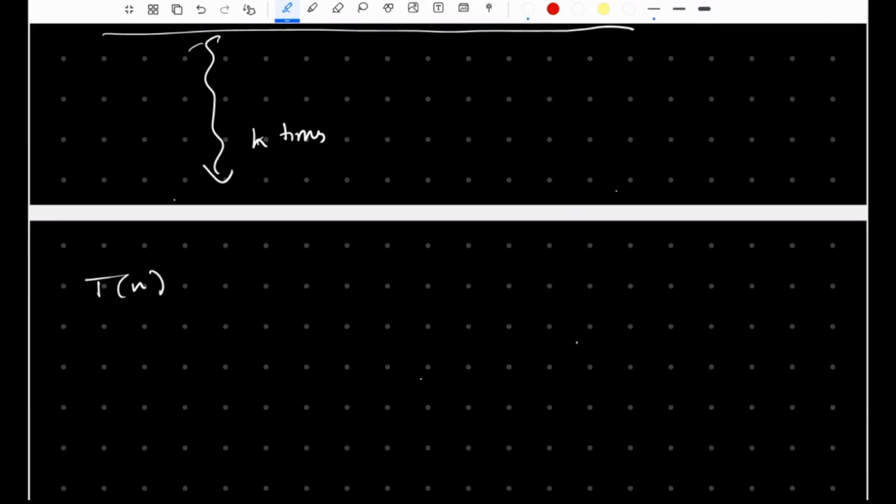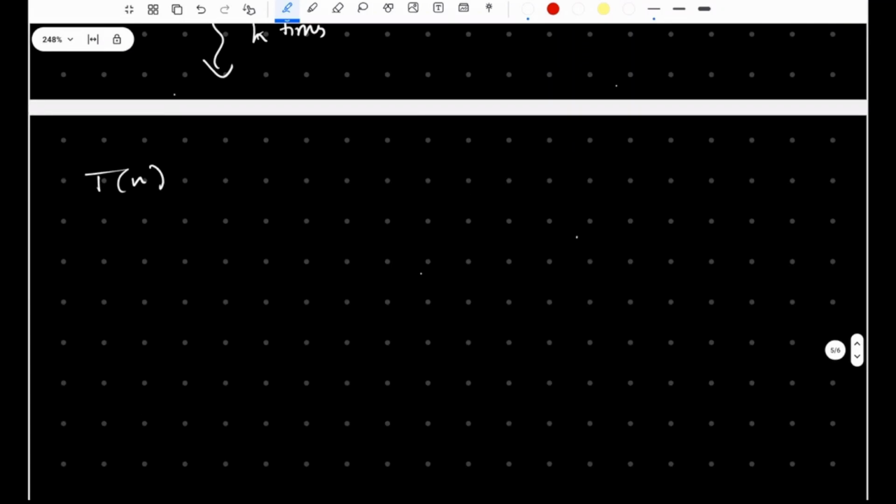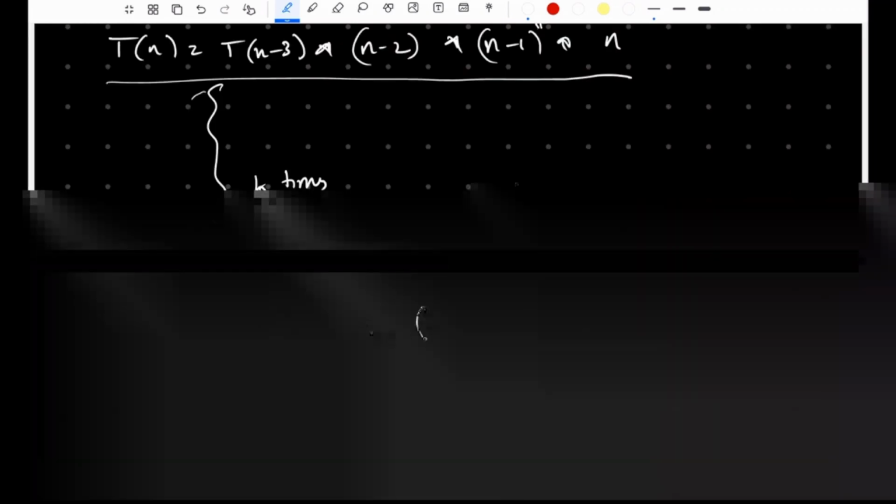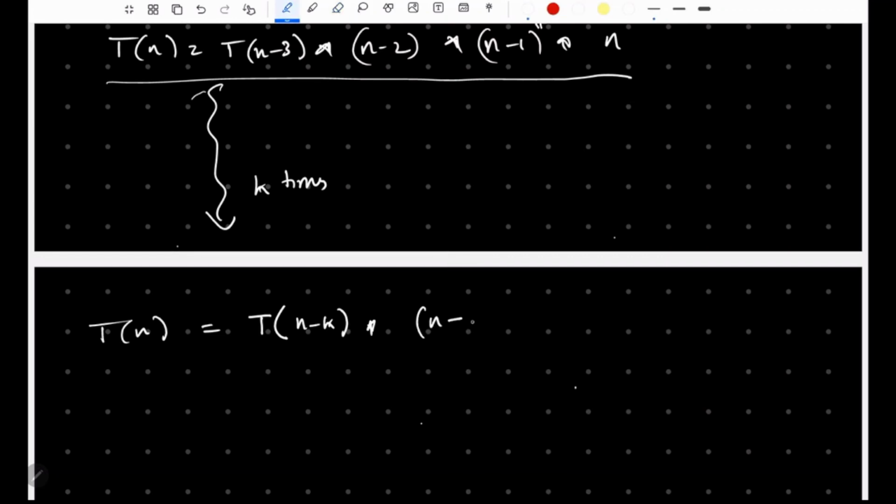So if we do this k times, what will happen? We will get t of n minus k into n minus k minus 1 into n minus k minus 2 into dot dot dot n.